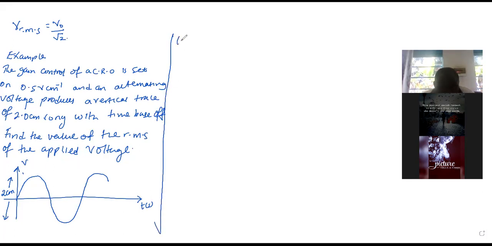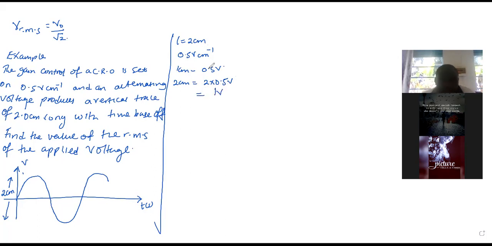So the length is 2 centimeters for the peak to peak. Then we have the voltage gain of 0.5 volts per centimeter. That means 1 centimeter produces 0.5 volts. So 2 centimeters will be equivalent to 2 times 0.5 volts, and this will give us 1 volt.